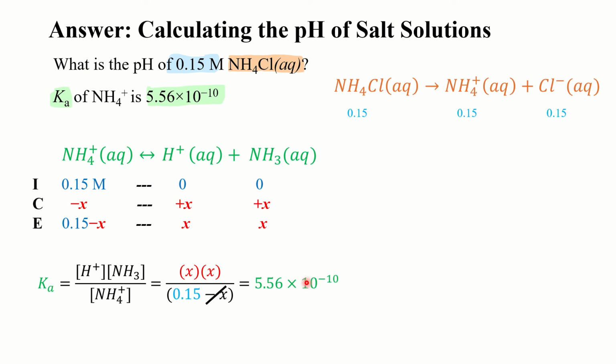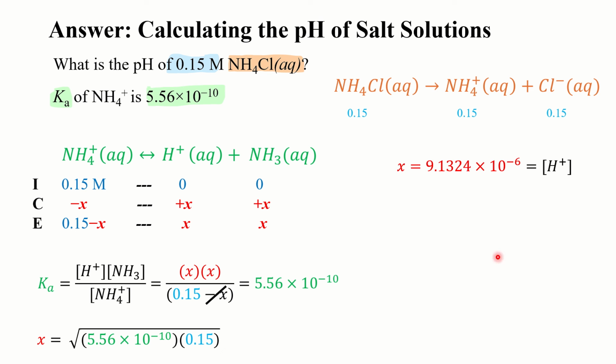Note that this K value is very small, so we can use the small x approximation and cross off the minus x, which means, therefore, that x is equal to the square root of 5.56 times 10 to the negative 10th multiplied by 0.15. I skipped an algebra step, but I multiplied the 0.15 from the left to the right, and then I square rooted both sides since I would have an x squared on top.